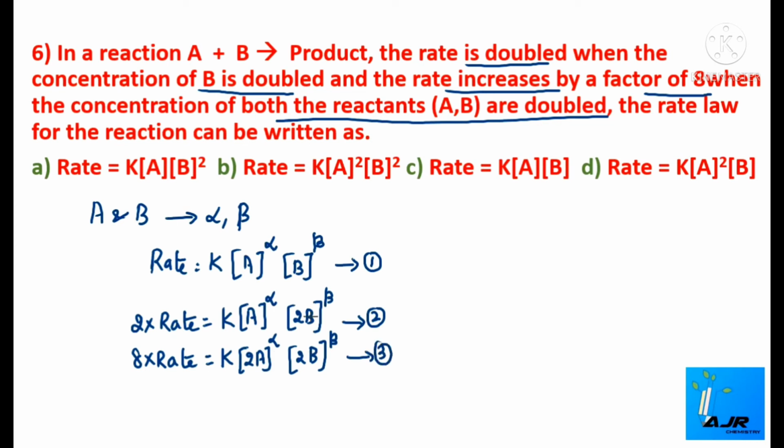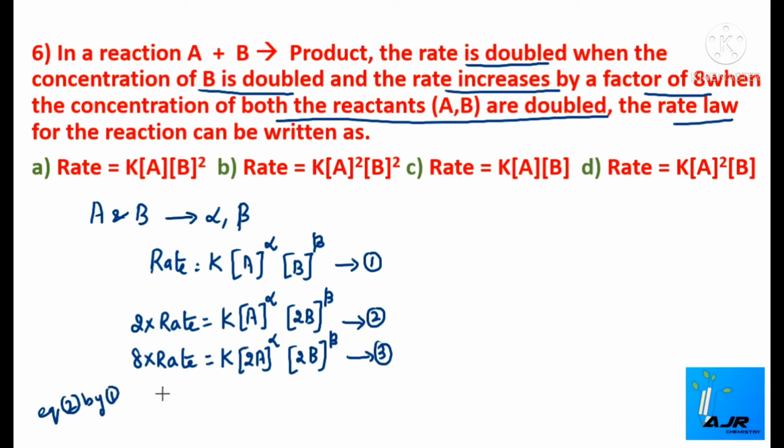Now, they are asking you to write the rate law. For that we should find out the value of alpha and beta. Only then is it possible to write the correct rate law. To find out alpha and beta, I am going to divide equation 2 by 1.